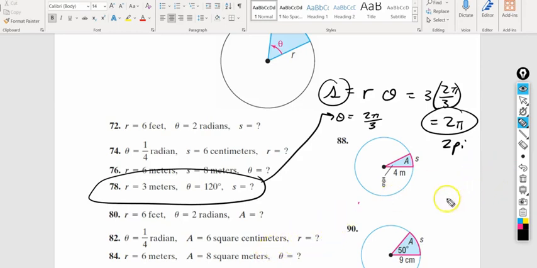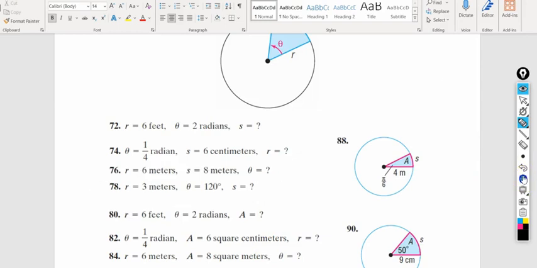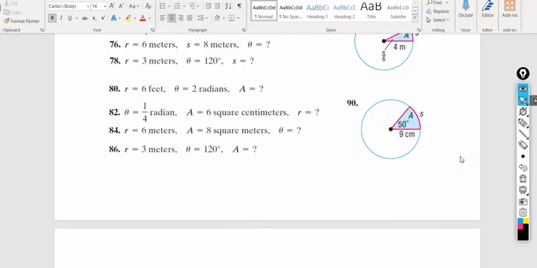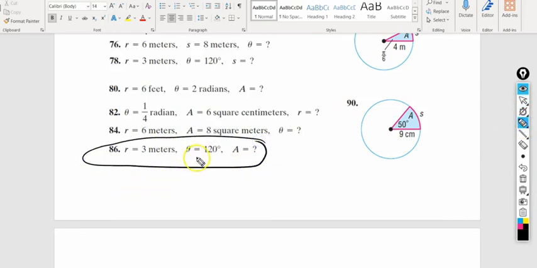If you have this, again, you're going to have to change that into radians. And there's a formula that you have to know.